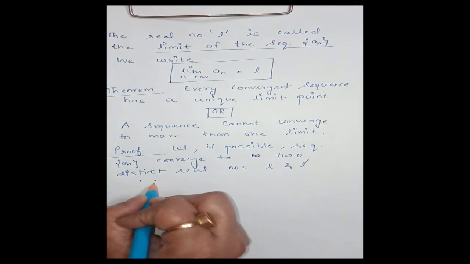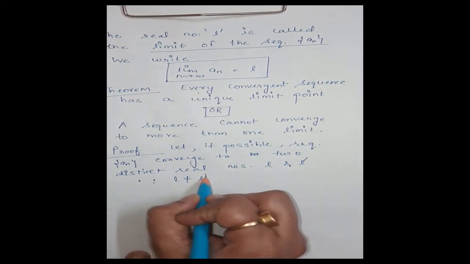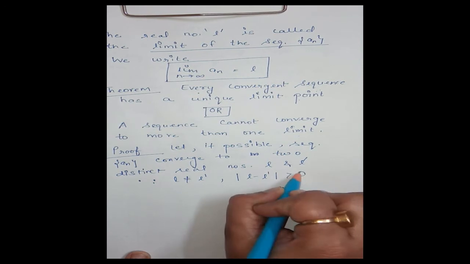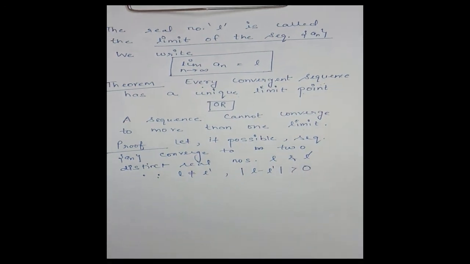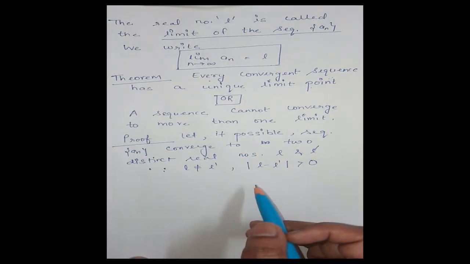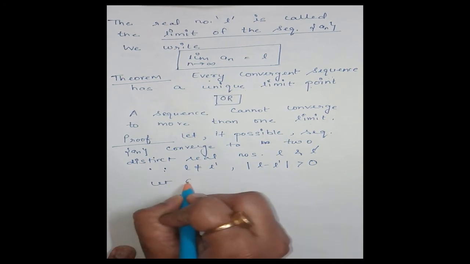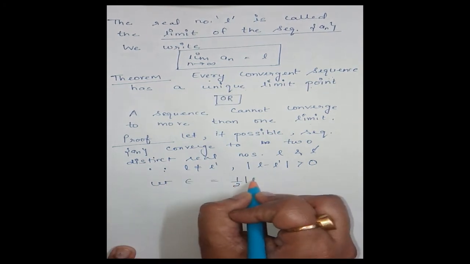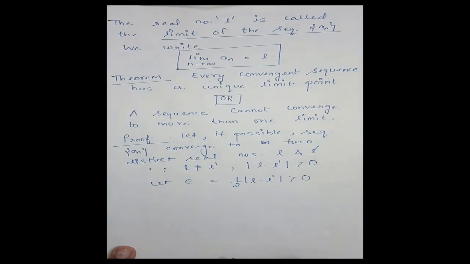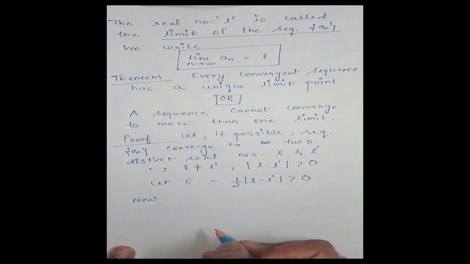Now since L and L dash are distinct, L is not equal to L dash, so mod L minus L dash will be positive. Now let epsilon be 1 by 2 into mod L minus L dash, then it will be positive. Clear? Now we will use the definition of convergence.